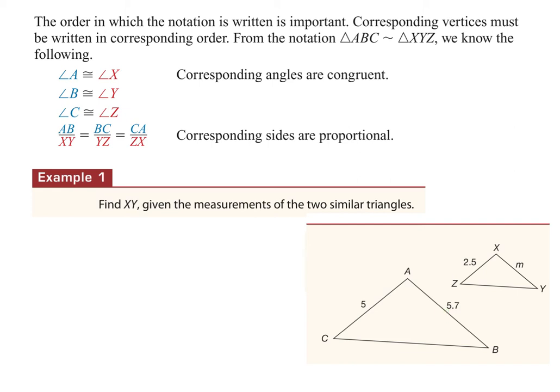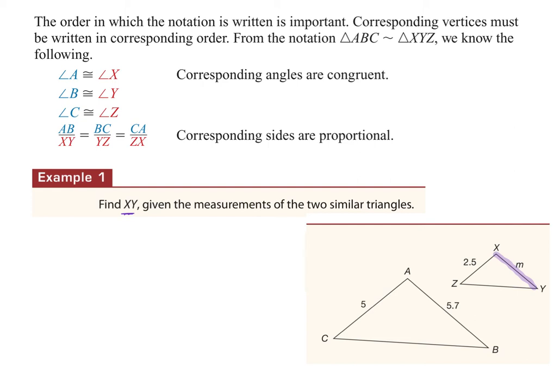And so then I can solve my proportions. Now, a couple things about this. They want me to find XY. It's always important that you know which one they're talking about. So when you get a worksheet, you may want to get a colored pencil or a highlighter and highlight the line that you're looking for. Make sure you know which one you're looking for. All right? We're looking for XY.